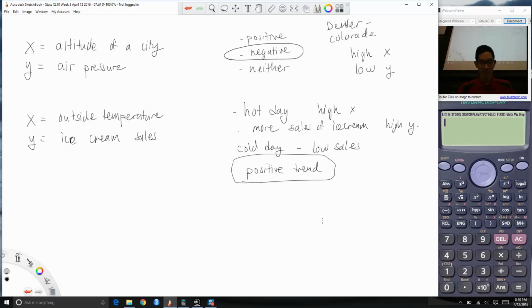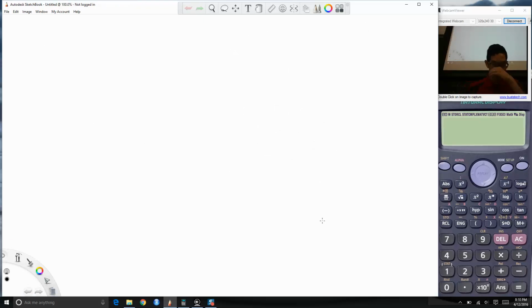Okay. So let's just talk about direction. We also want to talk about strength of a relationship. The strength of a relationship we would say is weak, moderate, or strong.